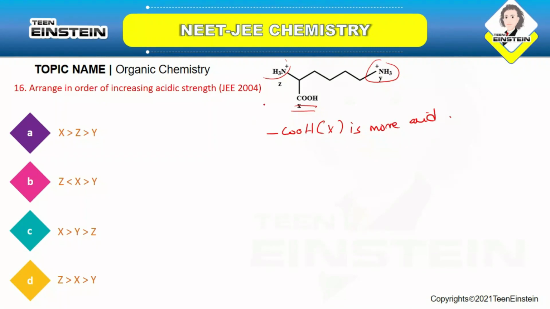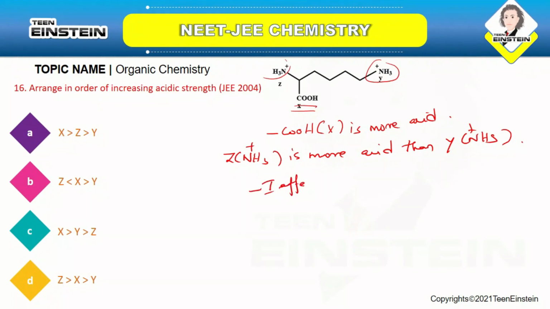So next come to the ammonium ions. This Z ammonium ion is more acidic than the Y ammonium ion, because of the minus I effect of the acid group on the Z position.